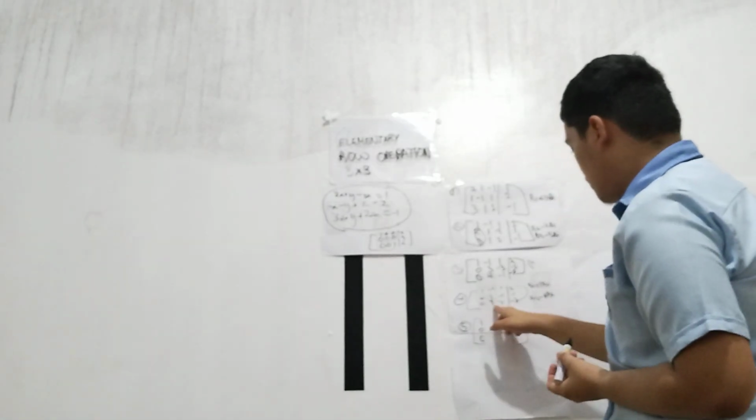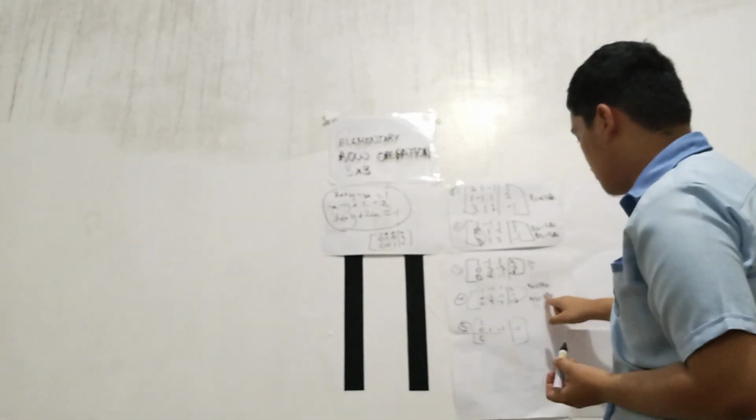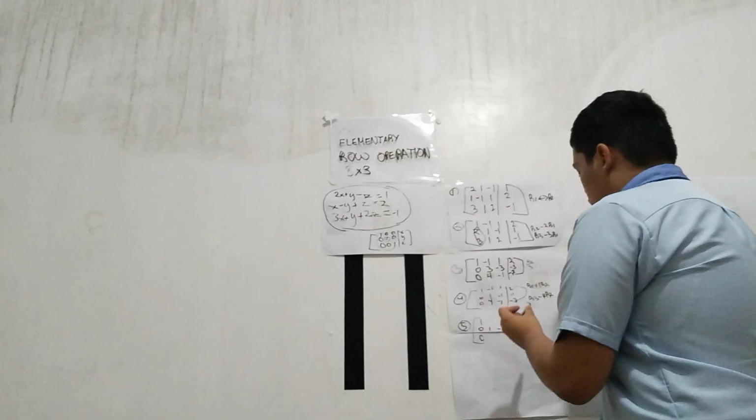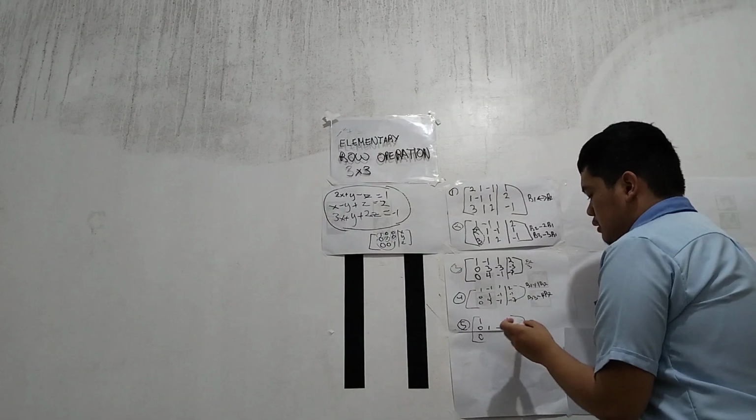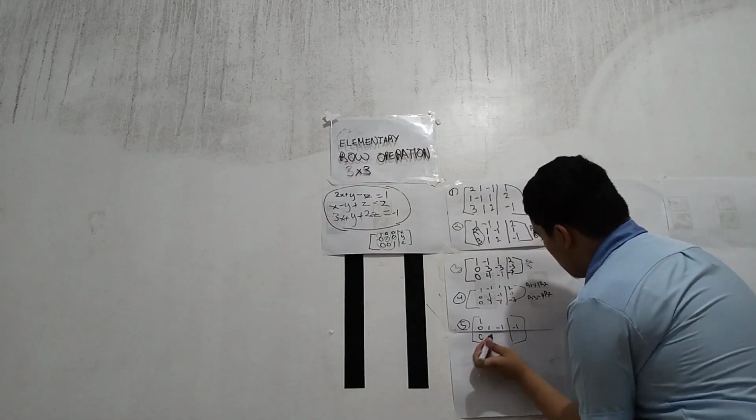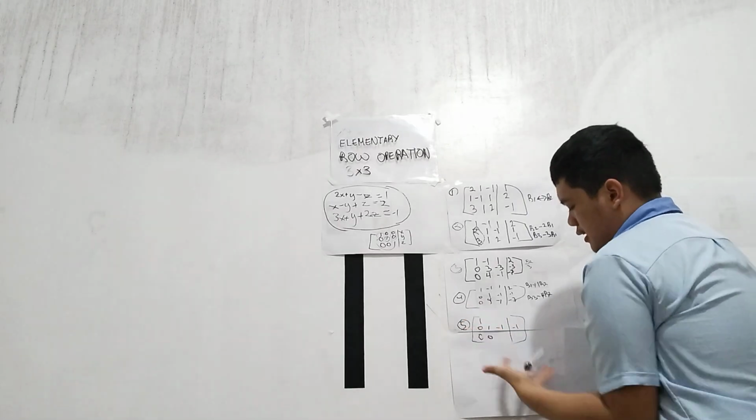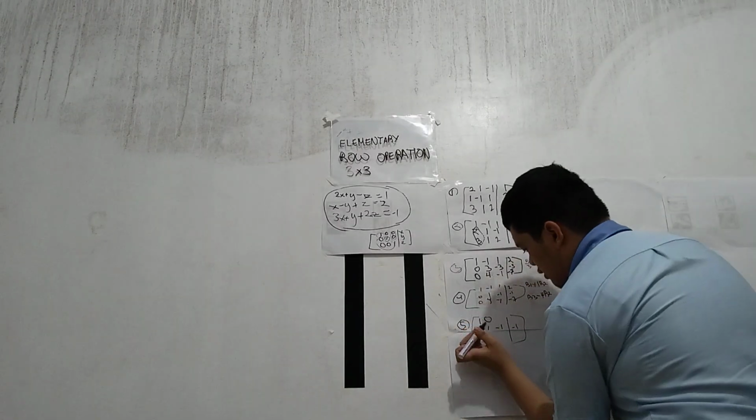Now 4 minus 4, 4 times 1 is 4, 4 minus 4 is 0, and same concept for this, 0.